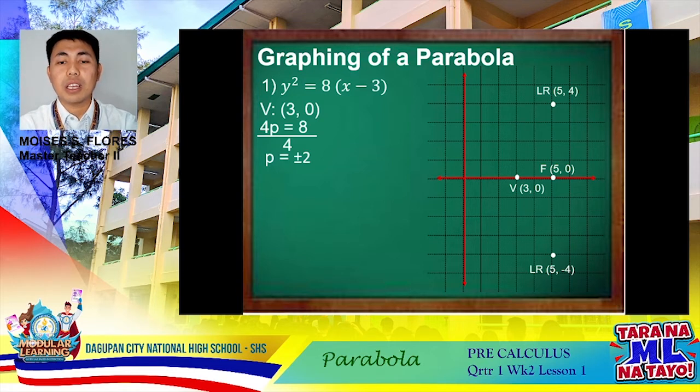Again, if you have a question about how we arrived at that LR, this refers to your 4p, which is 8 units, and to make it symmetric, we divided it into 2 equal parts. Okay, so we are ready to connect your parabola by making a curve.